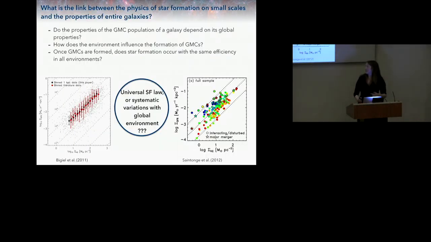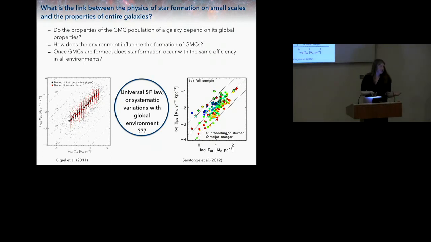And particularly that last point has been quite an eye-opening discovery. Because there used to be this fundamental belief, based on observation, that star formation efficiency was constant across all galaxies. You have a certain amount of gas, you form a certain amount of stars. This is what we call, for example, the Kennicutt-Schmidt relation, as illustrated here.